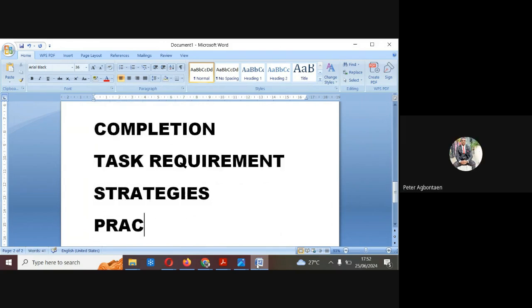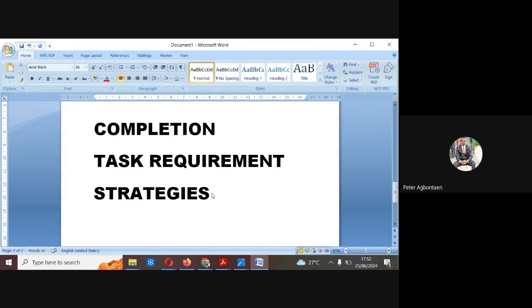Part three, we'll also practice. So these are the things you have to do when you are dealing with questions like this. What I just finished explaining, what this question wants you to do, is your task requirement for completion questions. So right now, let's delve into the strategies for completion questions.